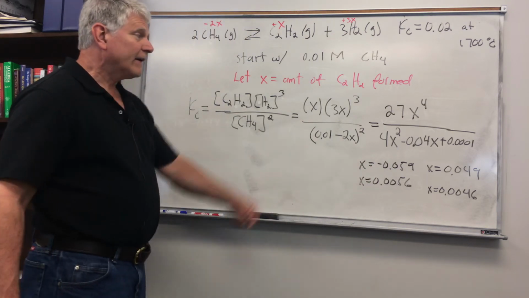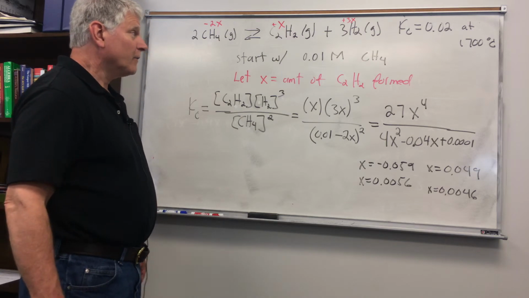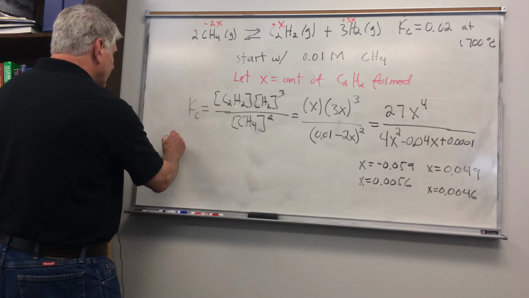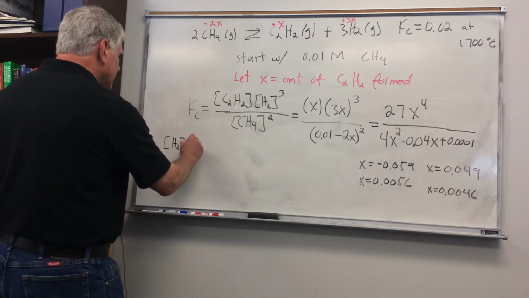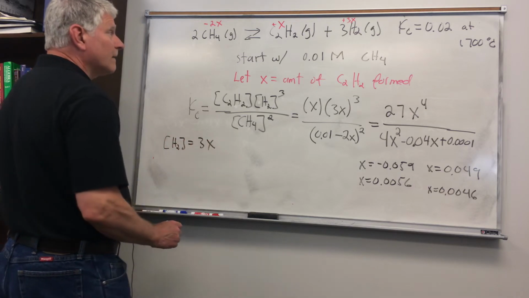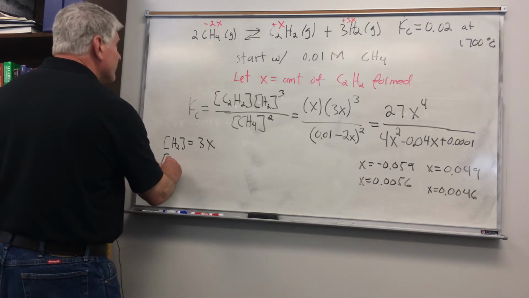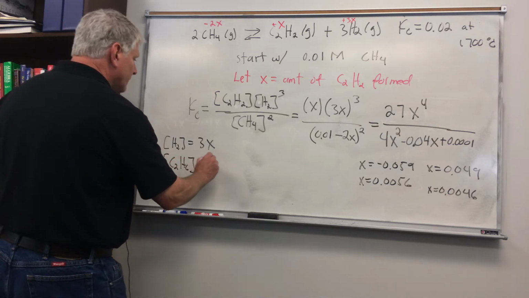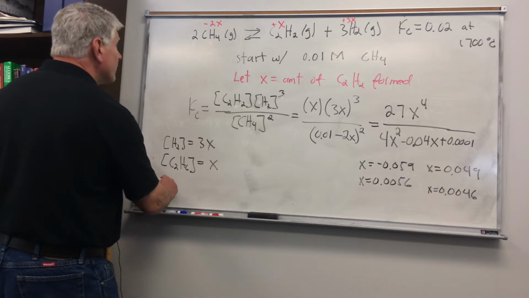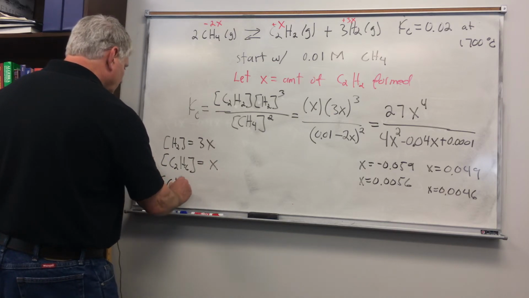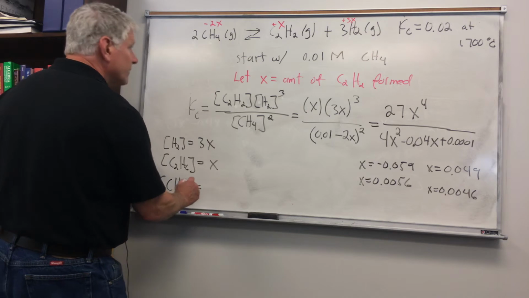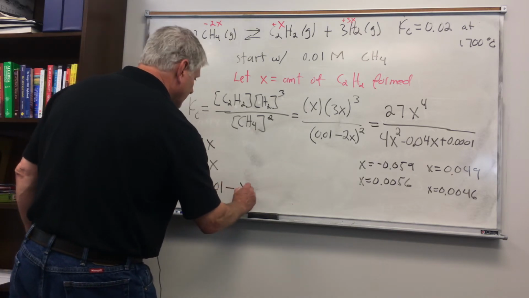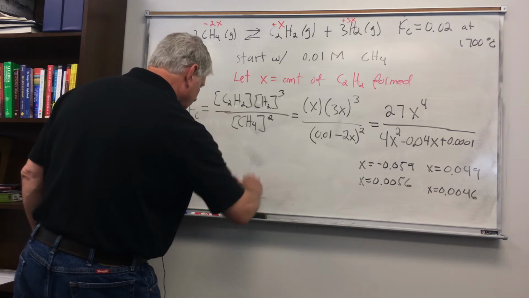Let's see which value of x is applicable to our model. So at equilibrium, the concentration of hydrogen is equal to 3 times x, the concentration of acetylene is equal to X, and the concentration of methane is equal to the initial amount, 0.01 minus 2X.